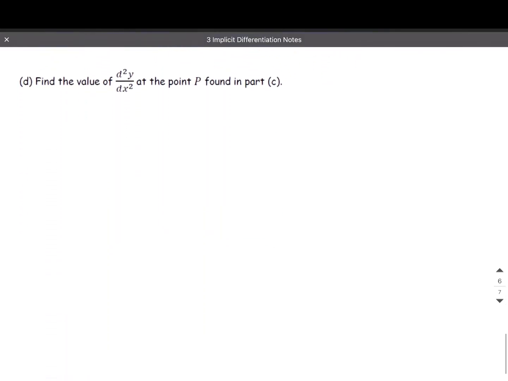Now comes part D. We're going to find the value of the second derivative of y with respect to x twice at the point found in C. So we're looking for the value of the second derivative at the point (0, radical 6). Okay? Well, let's write down our dy/dx. So our first derivative dy/dx was 2xy over 2y minus x squared. So we have to use a quotient rule. The derivative of dy/dx is the second derivative of y with respect to x twice. Now, quotient rule says take the derivative of the top.